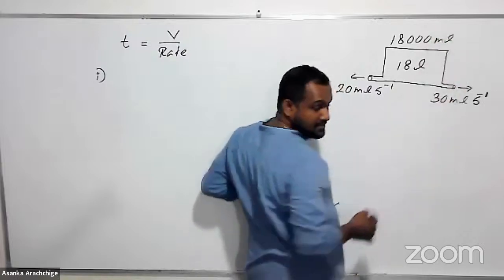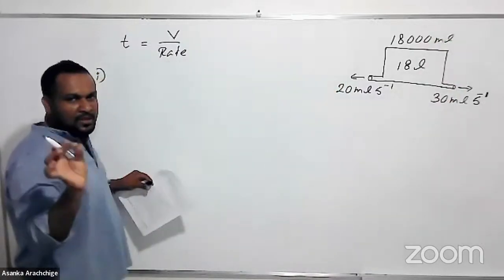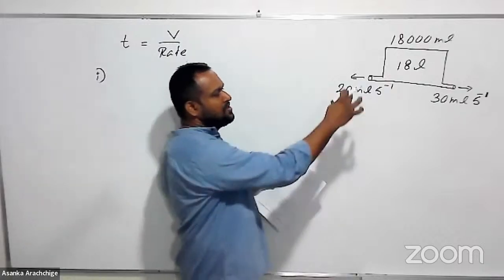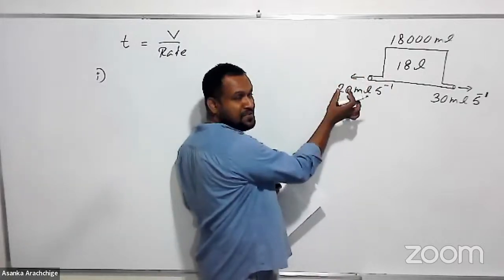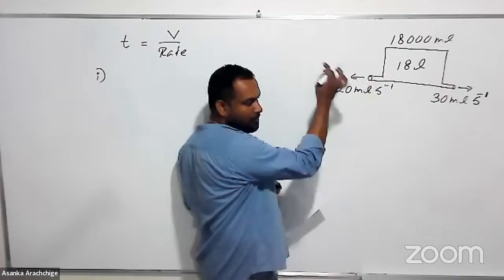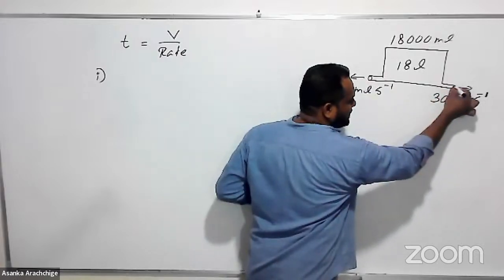18,000 milliliters. Therefore, if only the first gate is open, this one is closed.